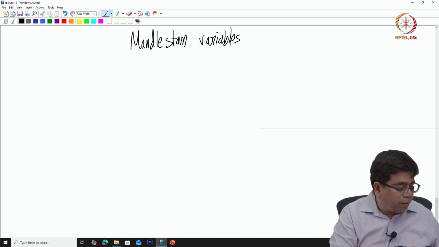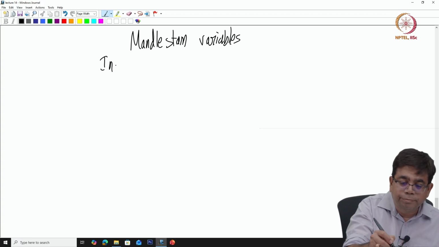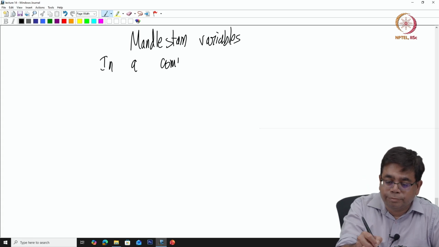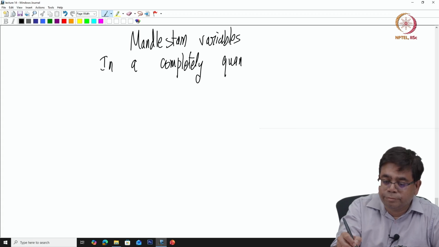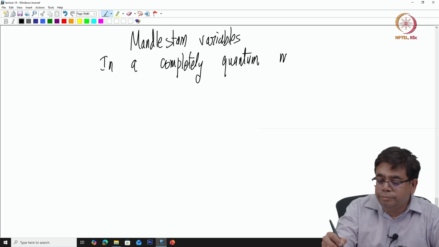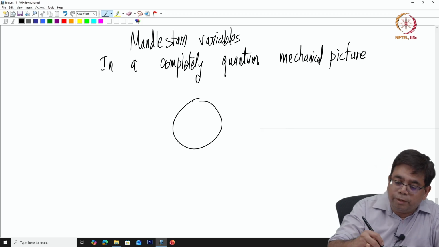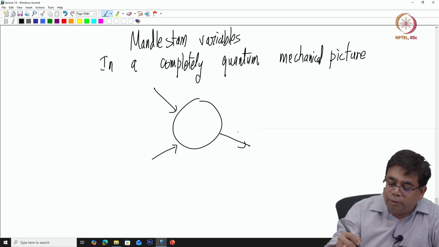Now in a completely quantum mechanical picture, you will not know what is happening, what you are seeing is that there are 2 incoming particles and then there are 2 outgoing particles.